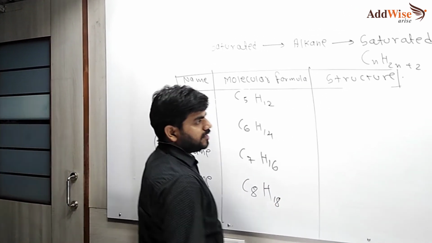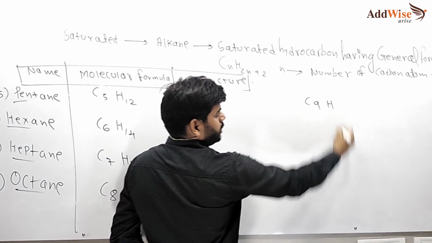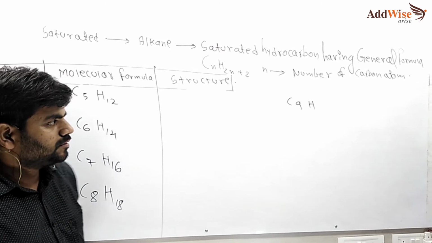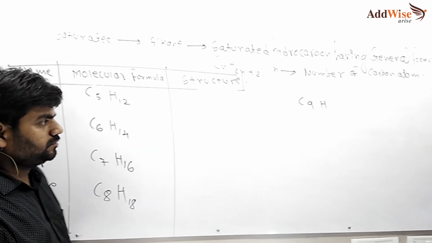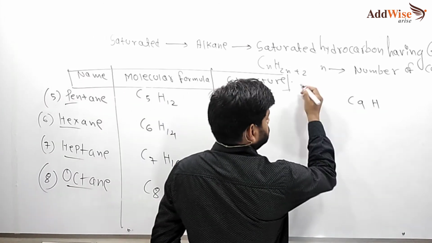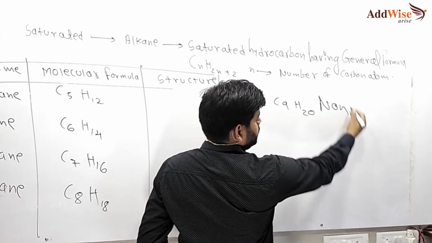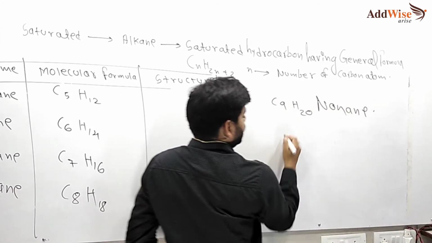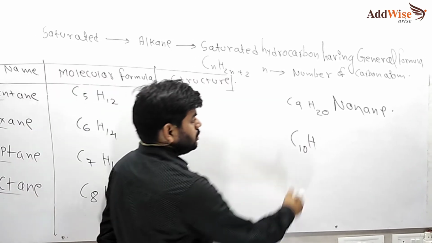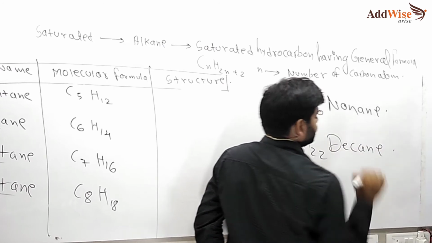If there are 9 carbon, in that condition, how many hydrogen can I put? Hydrogen will be 20. 9 will be represented by non, nonane. If there are 10 carbon, how many hydrogen? 22. That came. Okay?